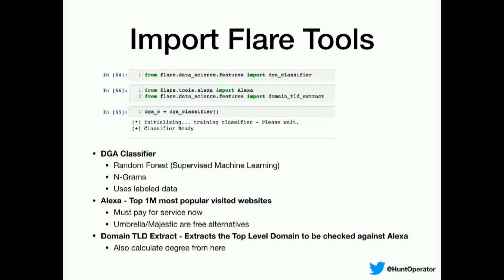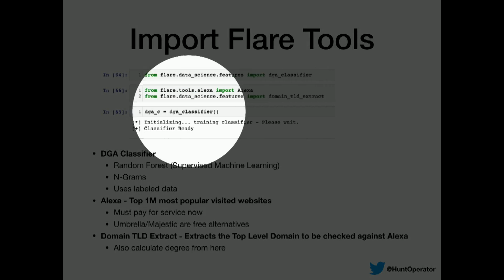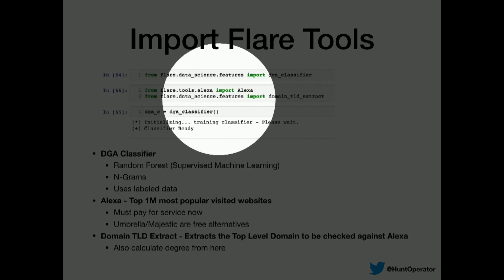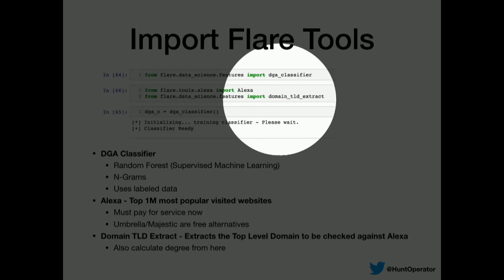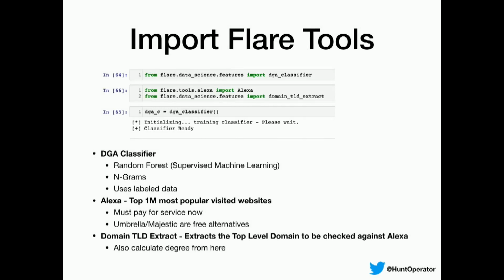So inside Flare, this is all in the Python notebook. If you saw my Lightning talk earlier, we covered Jupyter notebooks a little bit, but that's what this outputs from. So here I'm importing, I know it's a little hard to see, from Flare data science features, a DGA classifier. There's a classifier for DGA just built right into Flare.